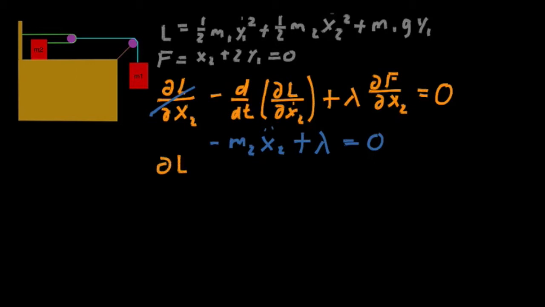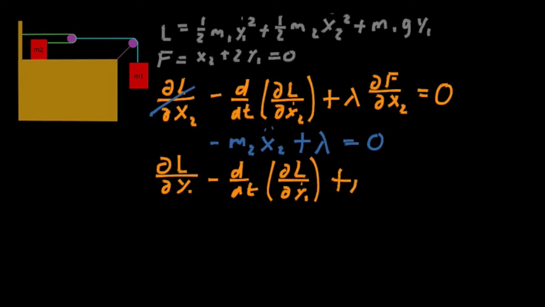So partial L, partial y1, minus d dt, partial of L, partial of y1 dot, plus lambda times the partial of f with respect to y1, all equals 0.